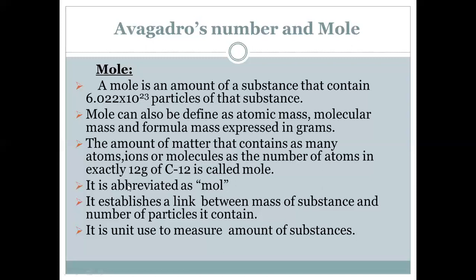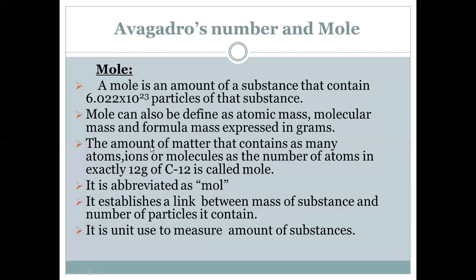So what is mole? There are three definitions. First definition: a mole is an amount of substance that contains 6.022 into 10 raised to power 23 particles of that substance. Particles may be atoms, molecules, ions, or formula units. That's why in the second definition, mole can also be defined as atomic mass, molecular mass, and formula mass expressed in grams.